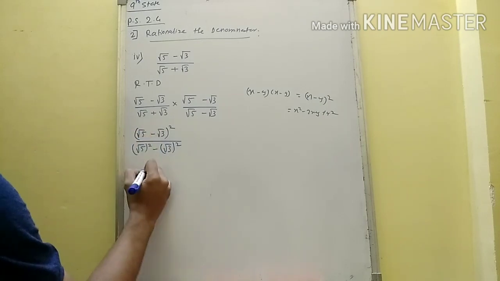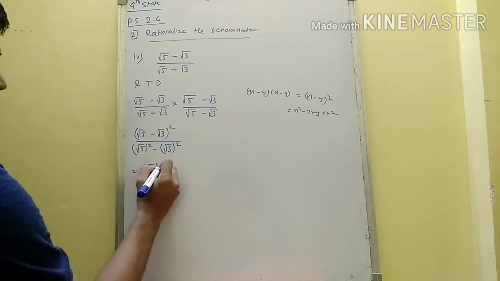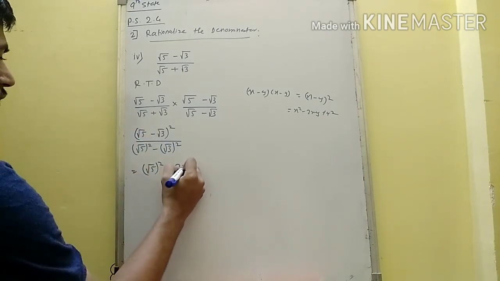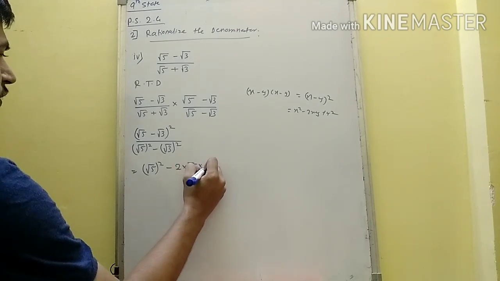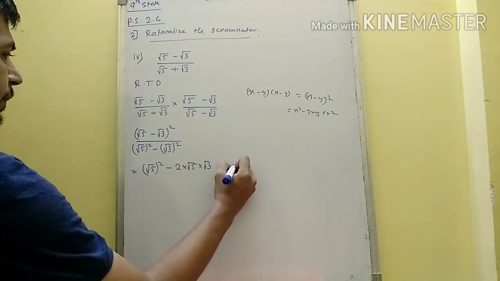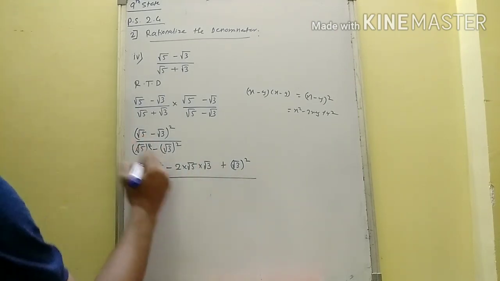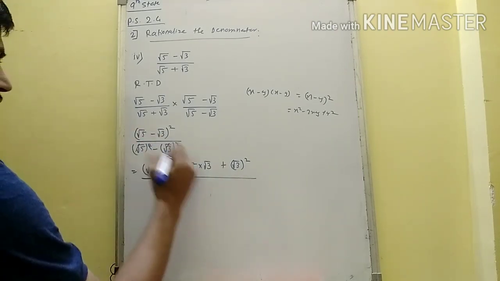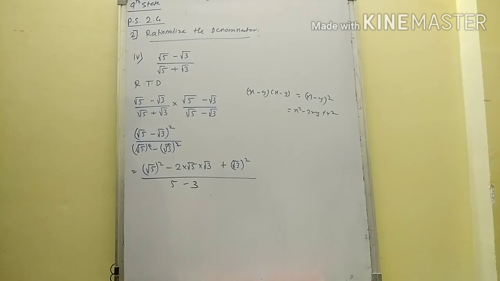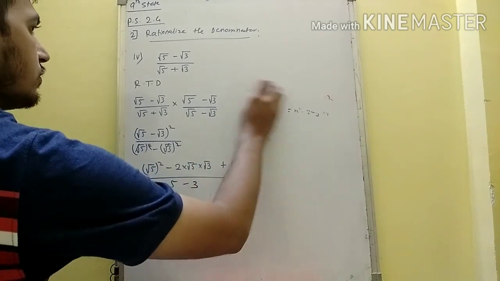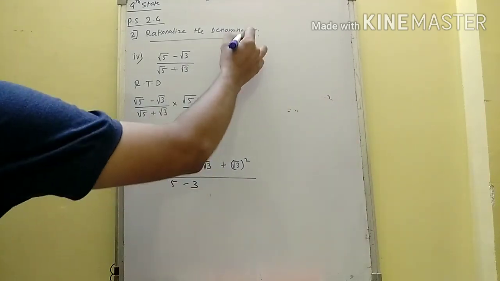Okay, so a minus b the whole square is a square minus 2 into a into b plus b square upon, square root cancels, this is 5, square root cancels, this is 3. Okay, just use this space over here.